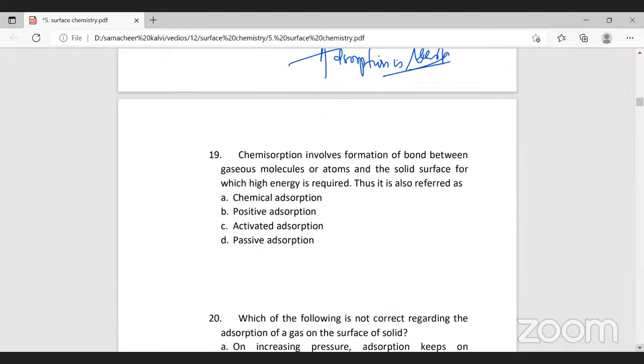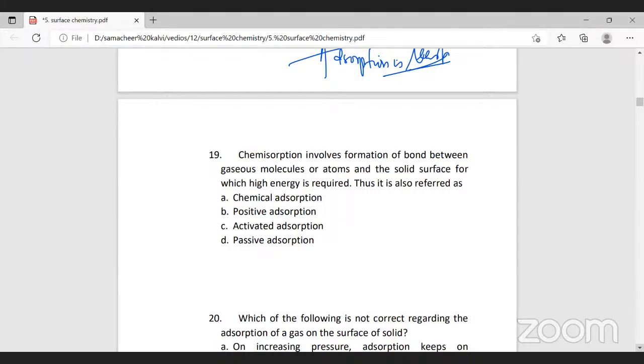The next question. Chemisorption involves formation of bond between gaseous molecules or atoms and the solid surface, for which high energy is required. Thus, it is also referred as chemical adsorption, positive adsorption, activated adsorption, passive adsorption.